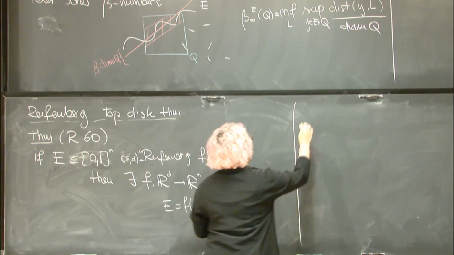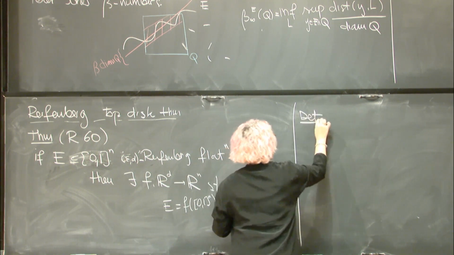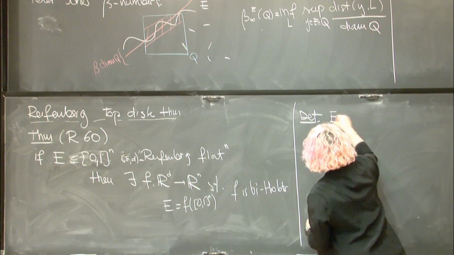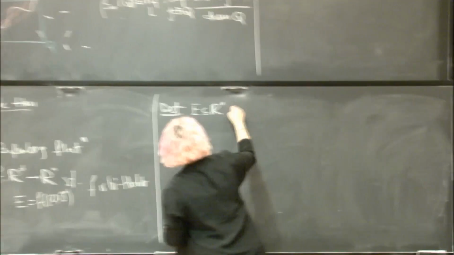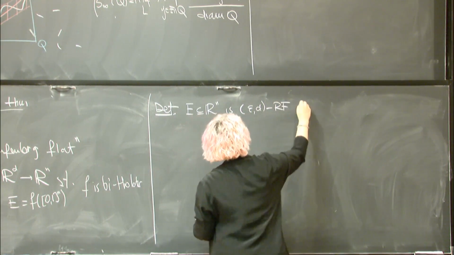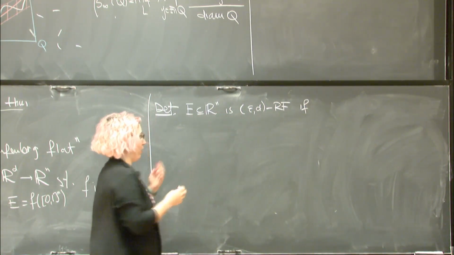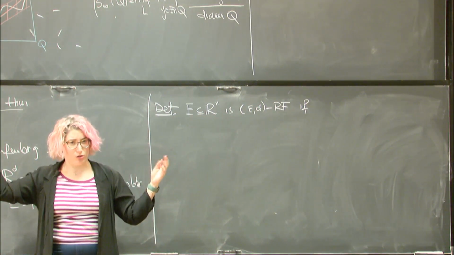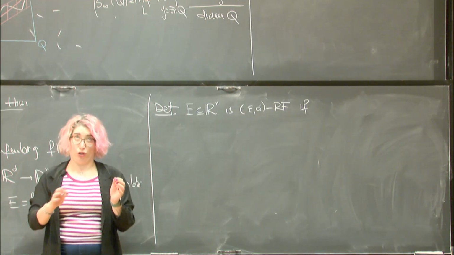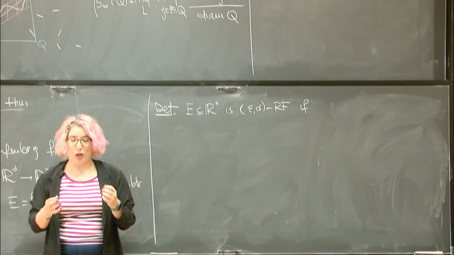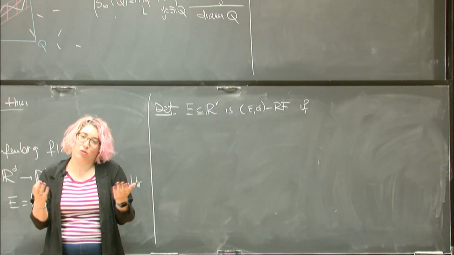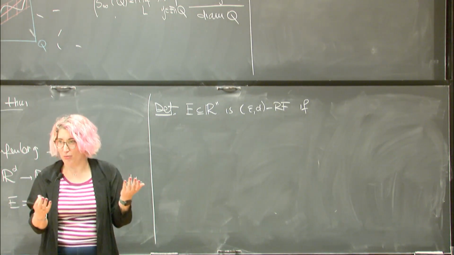So let me just define what it means for a set E to be Reifenberg flat. So E in R^n is epsilon-d Reifenberg flat if, okay, what do I want? It's something very similar to what I defined before, slightly weaker, and stronger also. What do I want? I want flat. This means that I want something to be very close to a plane, pretty much all the time.